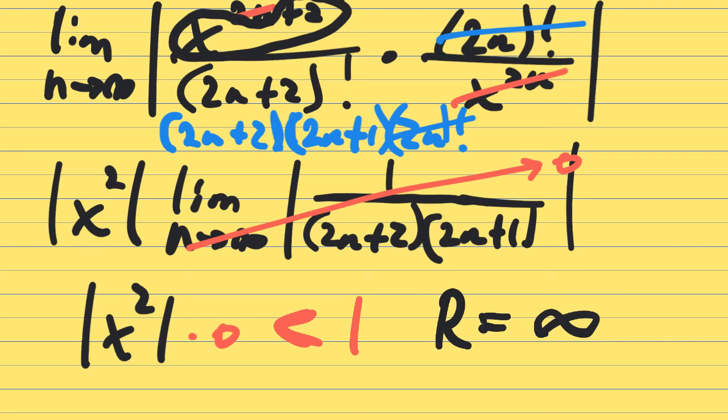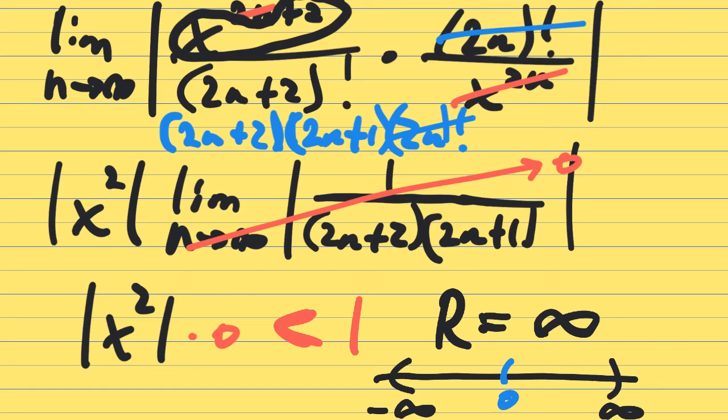But no matter what x is, you're always going to have a value less than 1. Endless possibilities. You don't have to stay within so many units of 0.